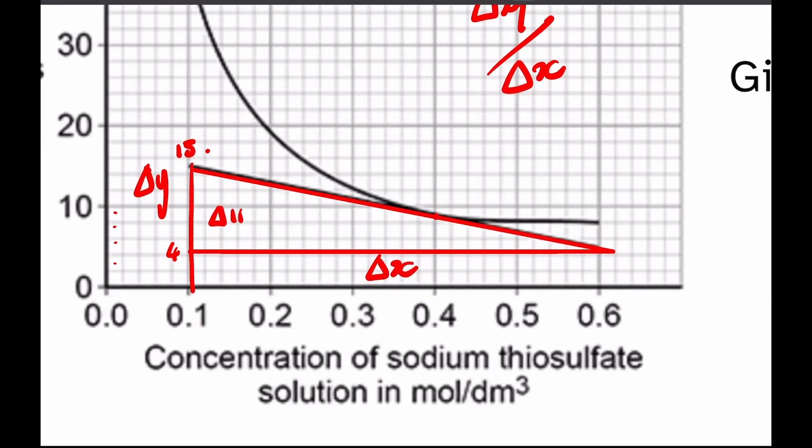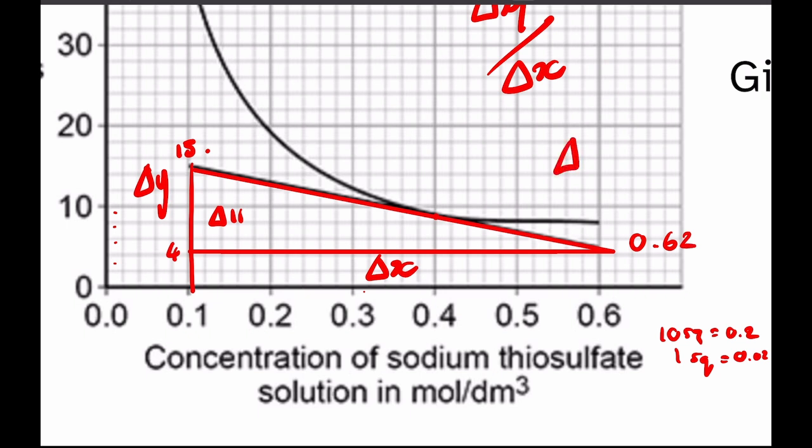And over here, we've got 0.1 going up to 0.6. What's each one? So 10 squares equals 0.2. So 1 square equals 0.02. Okay, so it's going up to 0.62. So therefore we've got our change of 0.1 to 0.62.